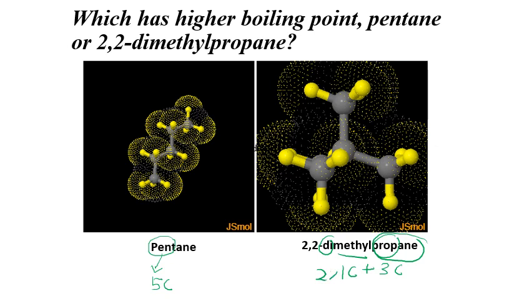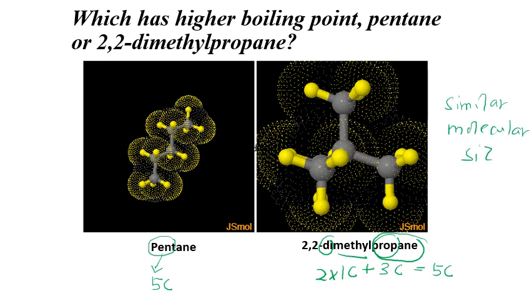So 2 times 1 carbon plus 3, so there are also 5 carbons. So basically, I will know that pentane and 2,2-dimethylpropane have similar molecular size.